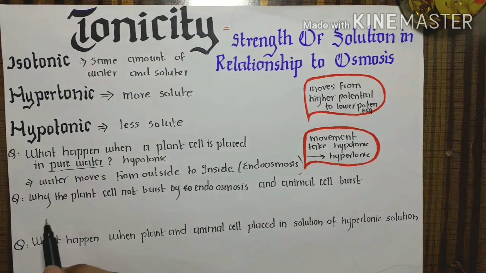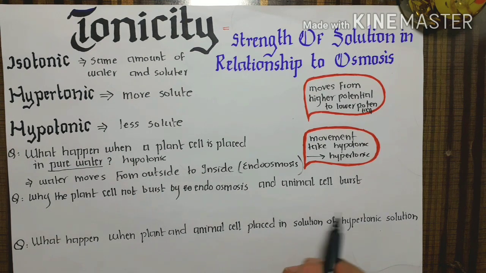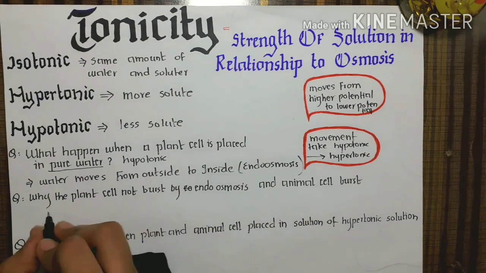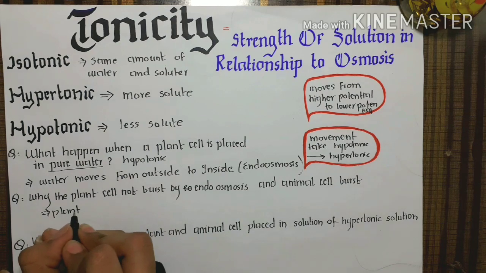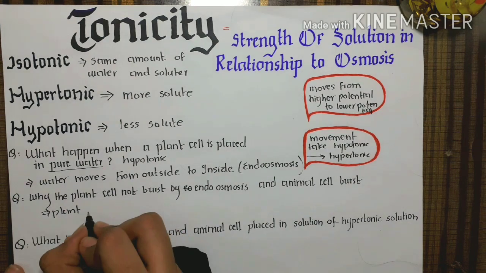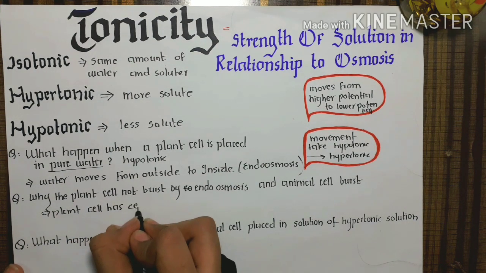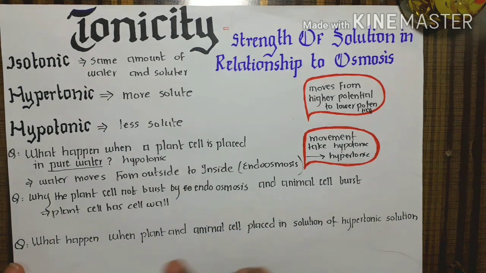Now let's see the next question. Why does the plant cell not burst by endo-osmosis while the animal cell bursts? Because the plant cell has a cell wall, and the cell wall resists the internal hydrostatic pressure. The animal cell does not have a cell wall, so it does not resist.